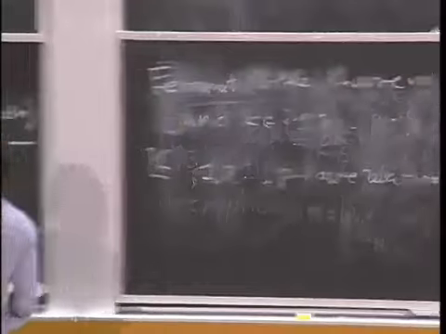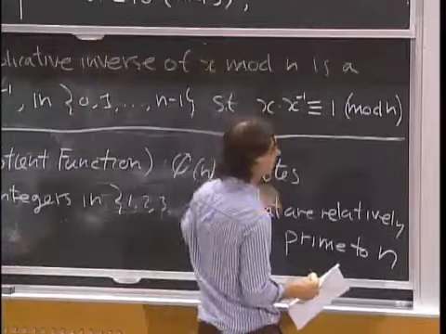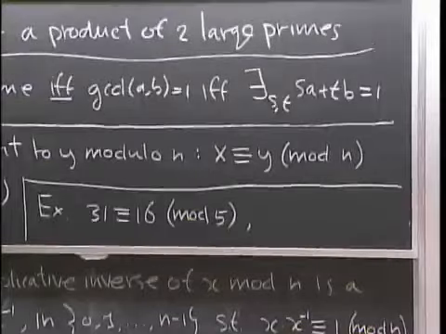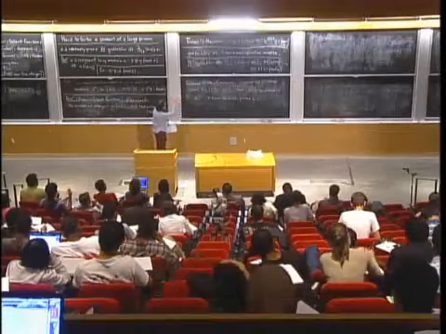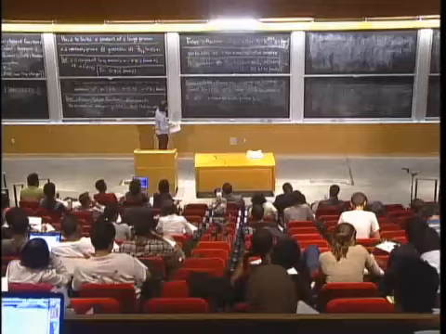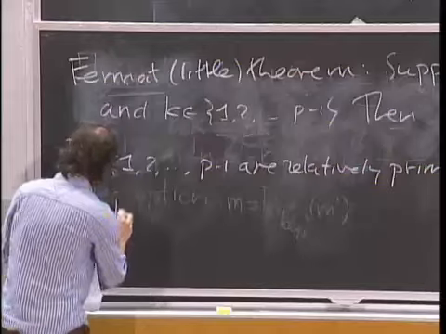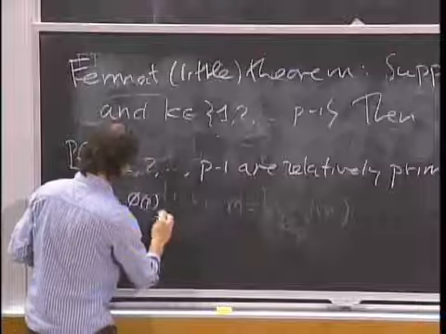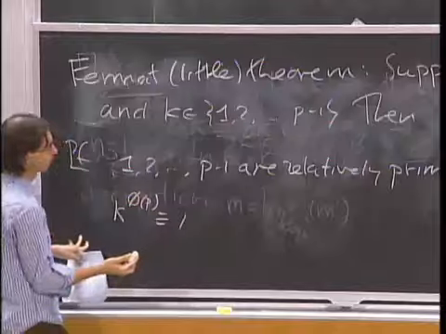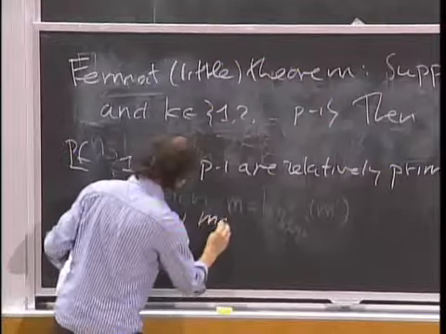That's the definition of relatively prime. And we can now apply Euler's theorem over here and see that k to the power phi of p is of course congruent to 1 modulo p.